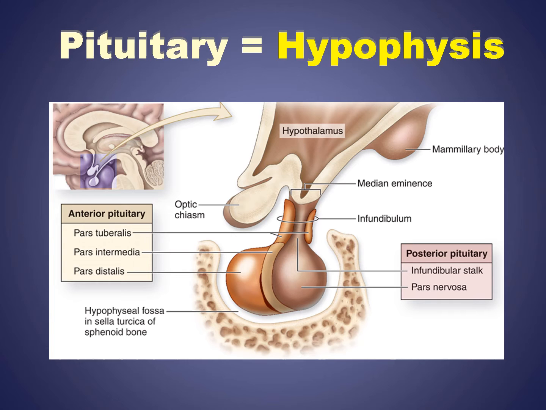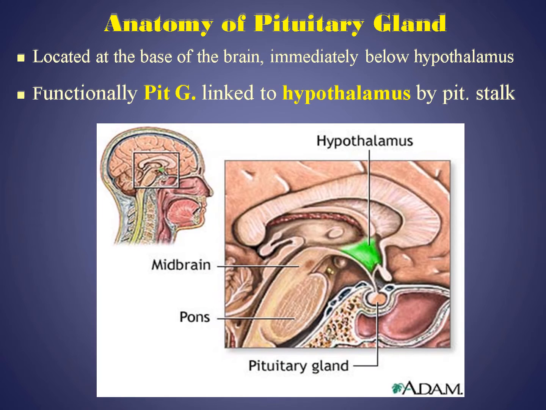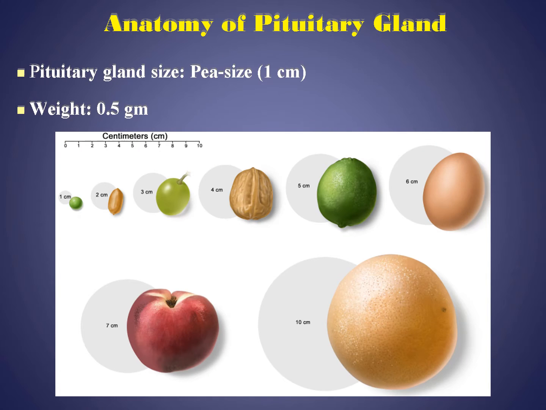Anatomically, it's located just below the hypothalamus, here in green color, and it's connected to the hypothalamus by what we call the pituitary stalk or pituitary neck, a band connecting the hypothalamus to the pituitary gland to be functionally regulated by the hypothalamus.